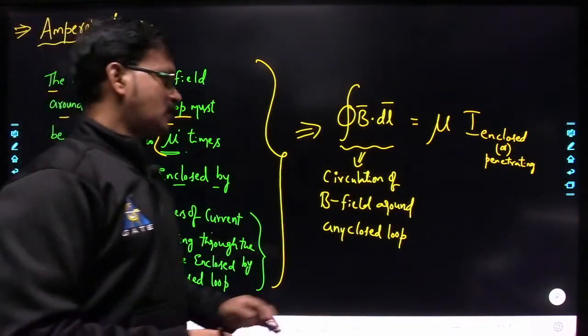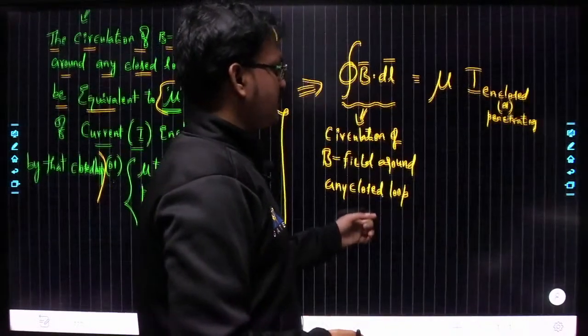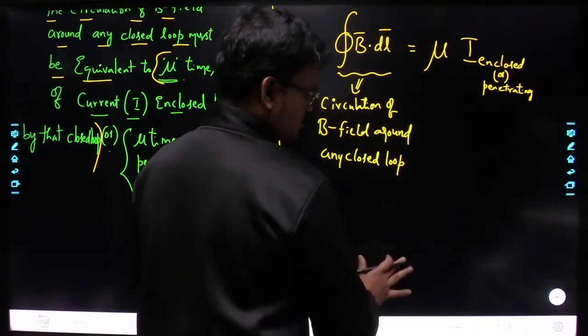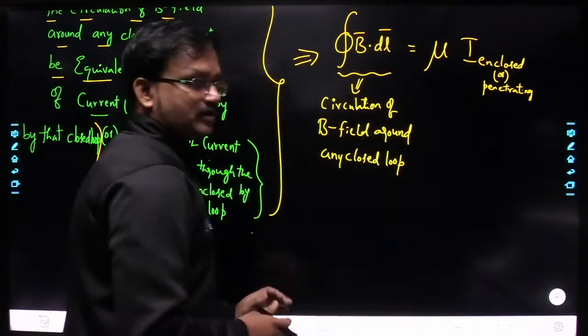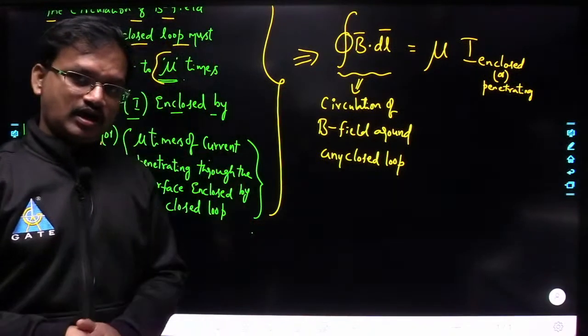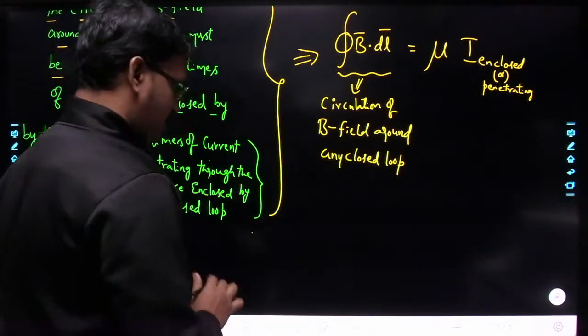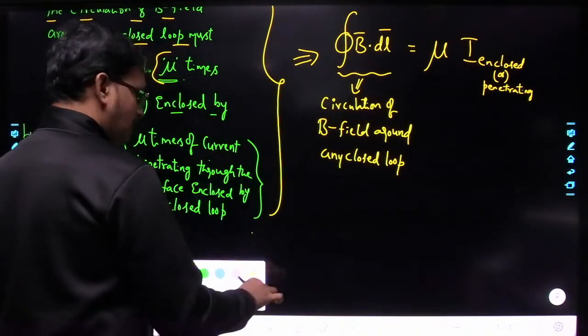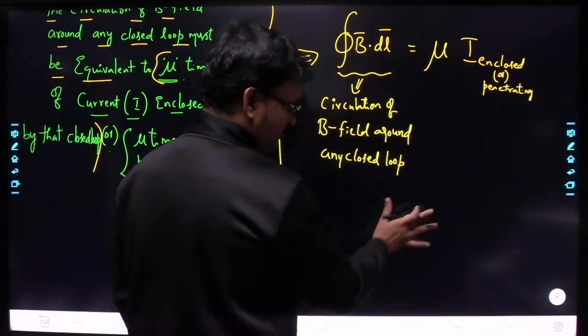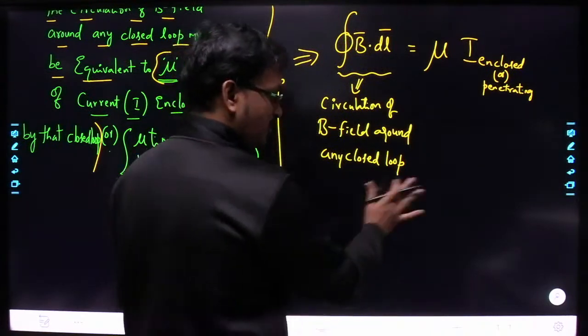Understood? So what this statement means is, see here, let us assume in this region you are having some B field.